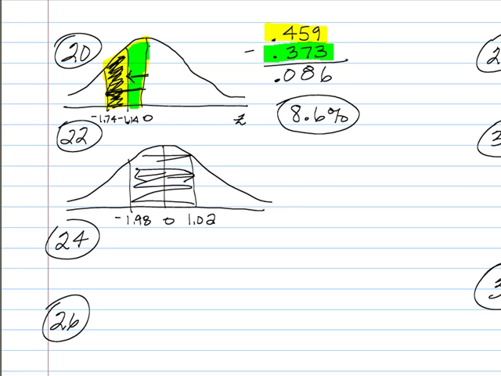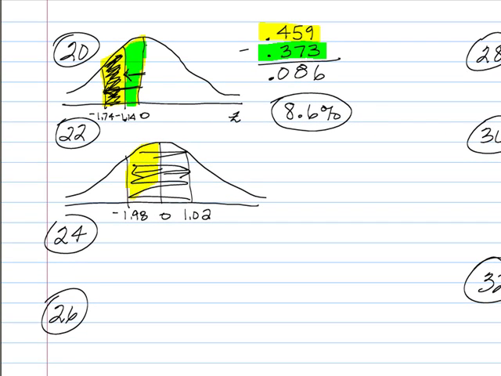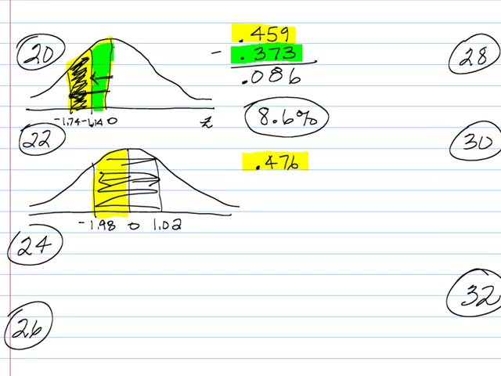So I'm starting with the 1.98, turning back to table 17. 1.98 is 0.476. Okay, so this is yellow. 0.476. Okay, now I'll get the green.